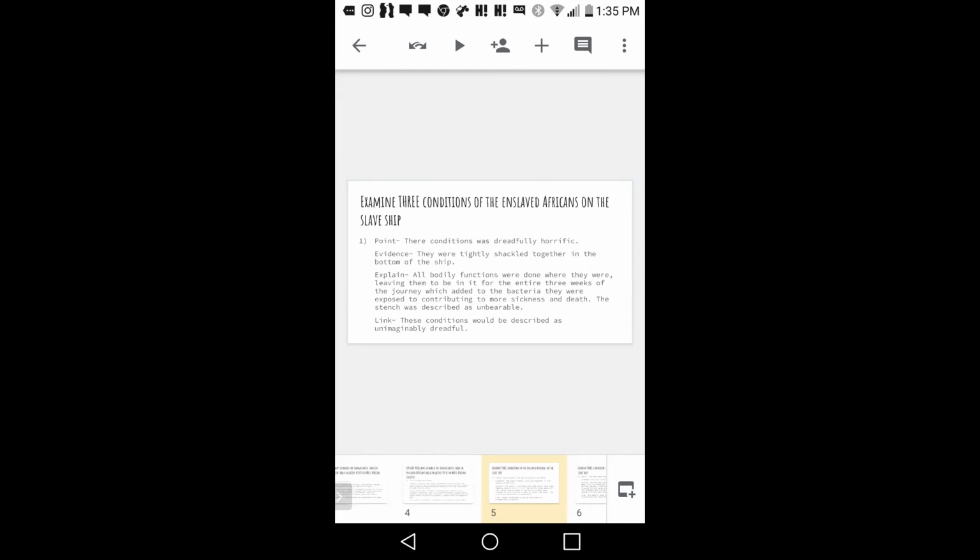It was terrible, it was dreadful. And so you link it back to disease. So the link is: these conditions led to the spread of diseases on the slave ship.